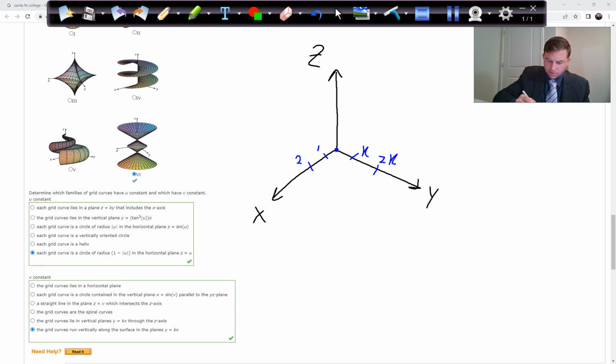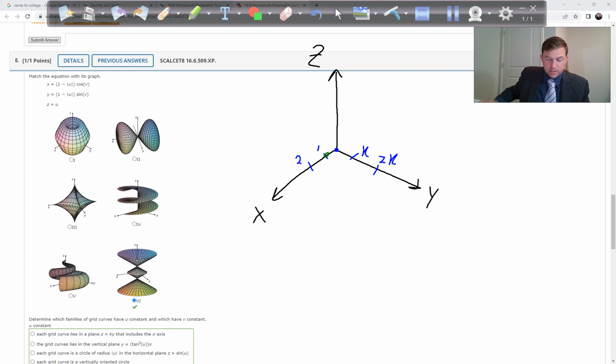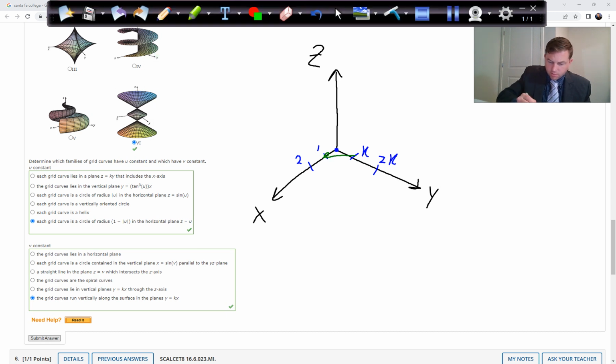And z is free to do whatever, because if we look back, z is u, and that's not a constant in this one. So it's going to vary. Otherwise, these are going to be planes that go like this.